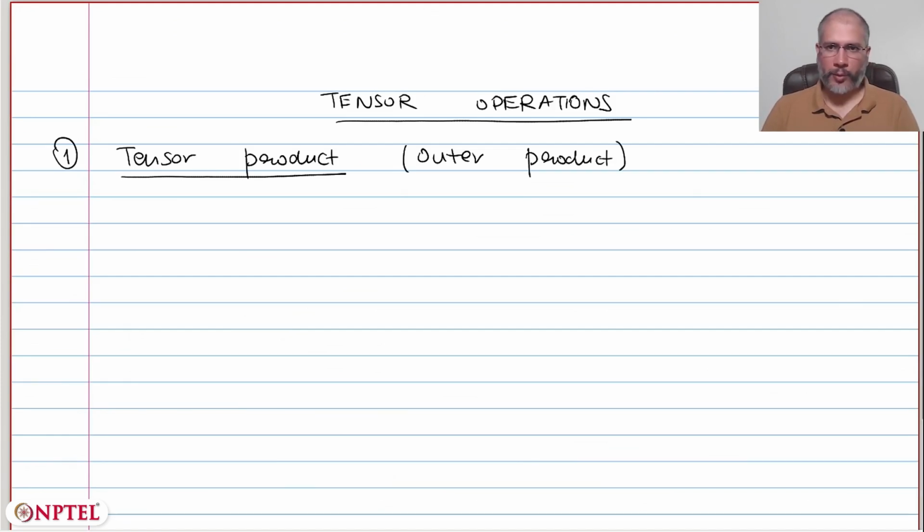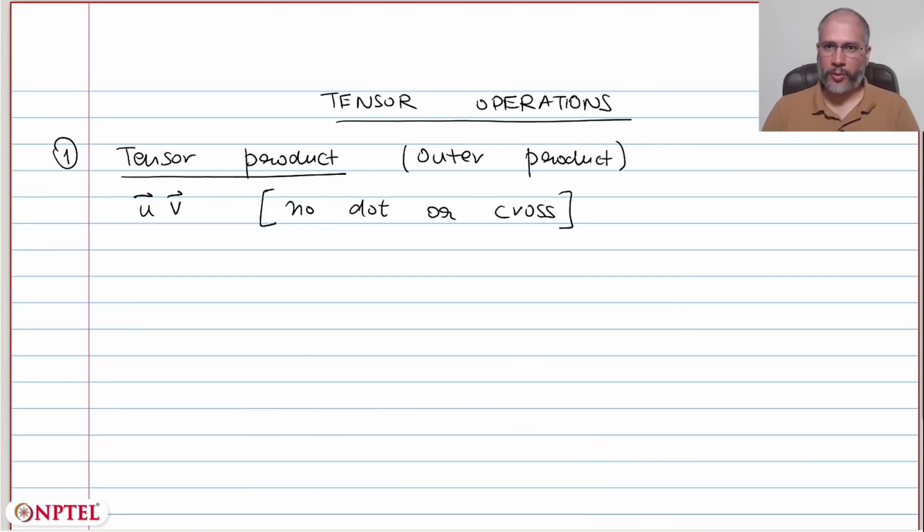Right, so if we have two vectors u and v, their outer product or tensor product is simply written as u times v. So please note that notation wise there is no dot or no cross here. We just write a u followed by a v.